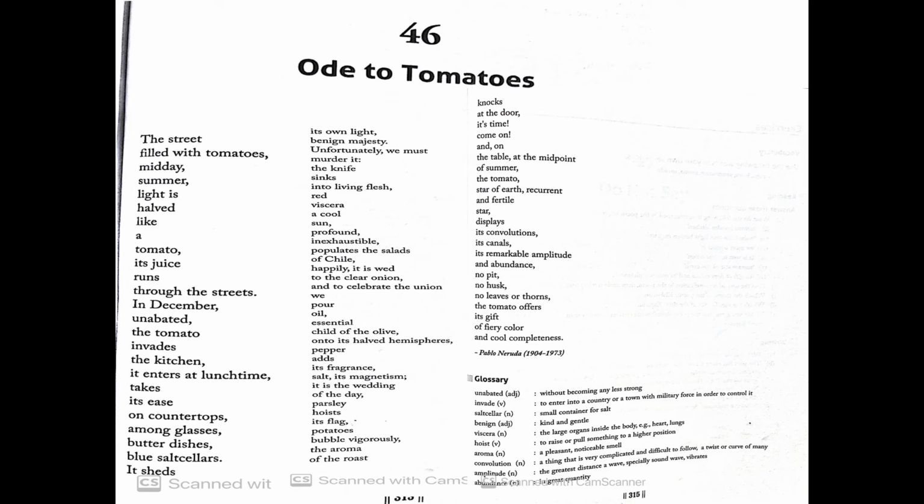By Pablo Neruda, 1904 to 1973. As I mentioned, this is nothing but the positive explanation of tomatoes, benefits of tomatoes, use of tomatoes, where we use, with what we use tomatoes, in which dishes we use tomatoes, in which occasions we use tomatoes.